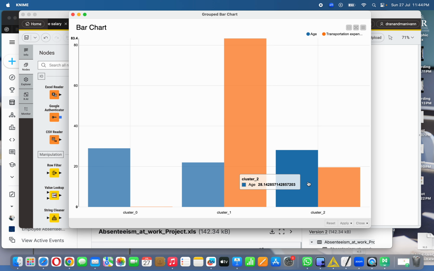Let's look into the final cluster. Age 30, and if you look into the transport expense, it is around 20. How do we interpret this? This group is composed of older employees with moderate transport expenses. They may have moderate, stable routines or seniority based roles and possibly access to more optimized transport options.